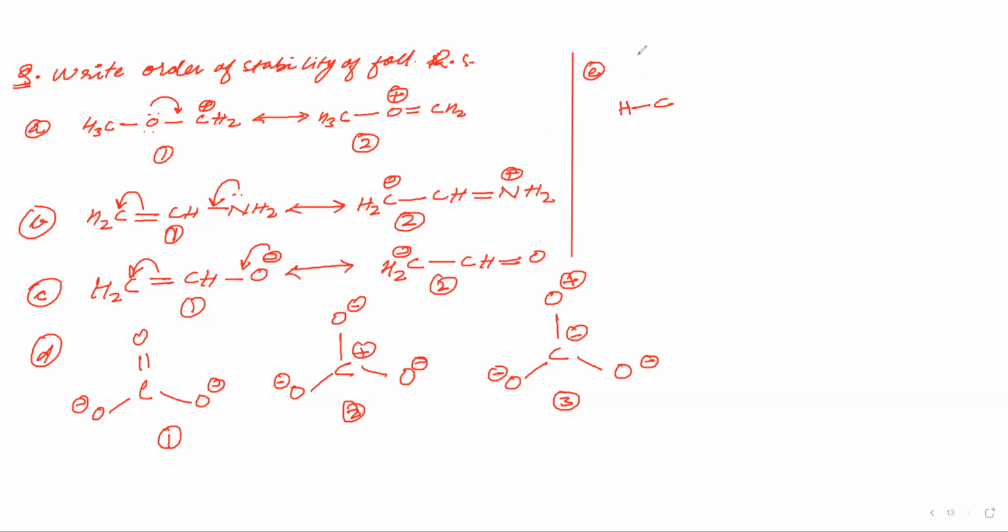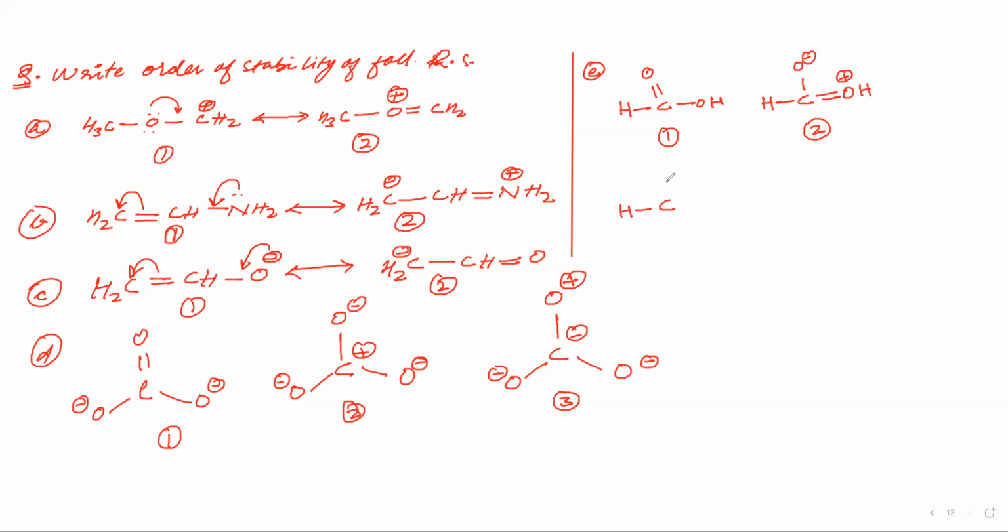H, HC, double bond O, OH. So one structure. If I make another structure, let us do it like this. HC, O negative, double bond O, H positive. Next structure, how can I make it? Okay, fine.